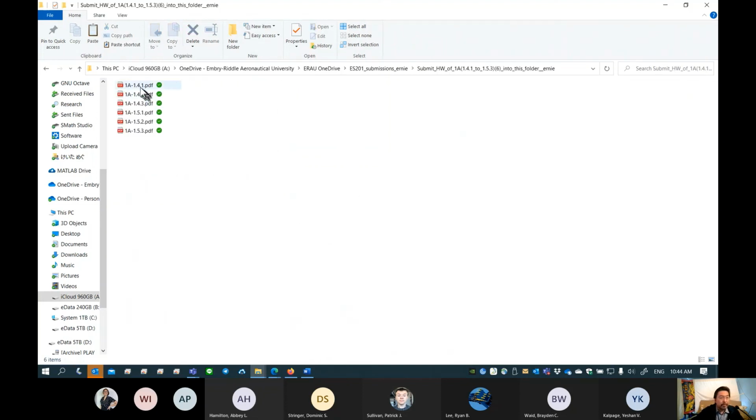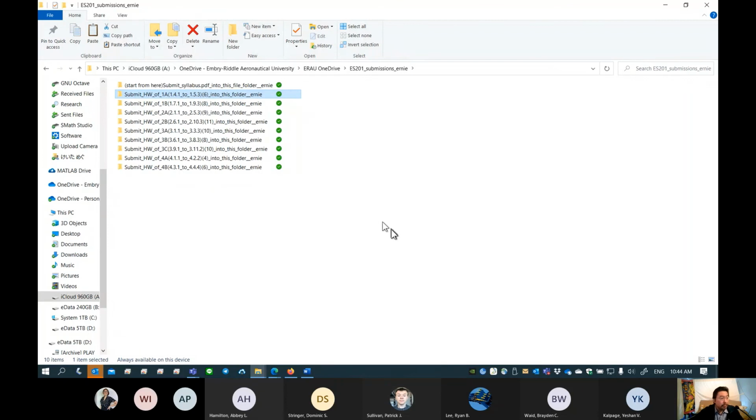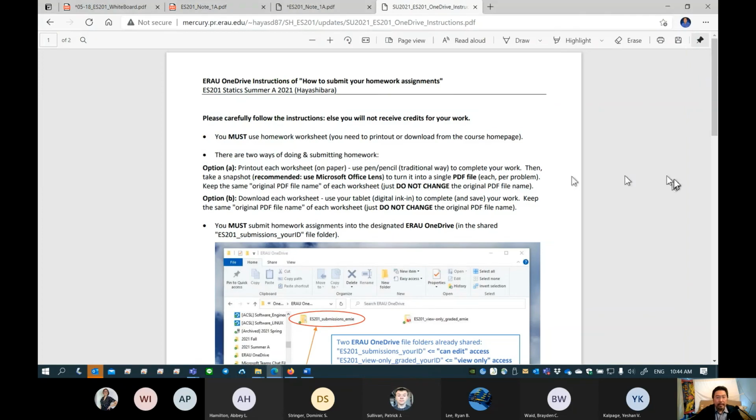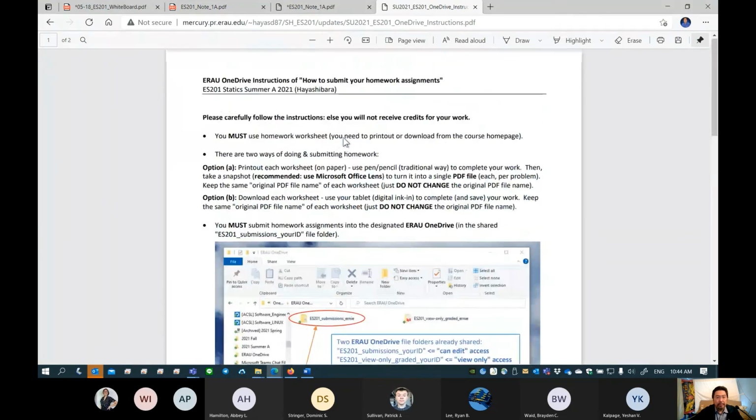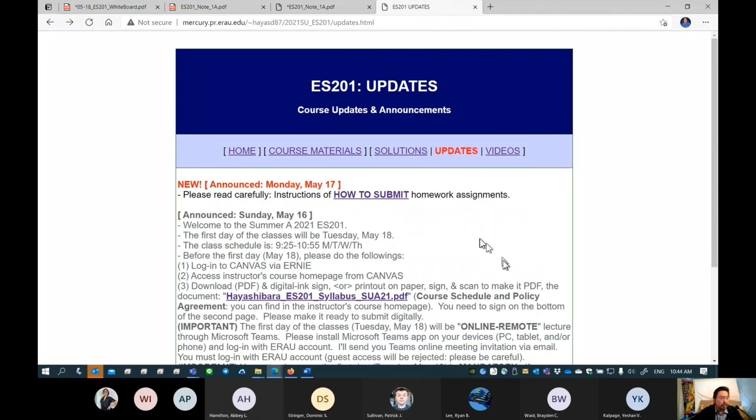If you want to replace it with a new one before the due date and time, you can do it. If you use your device, of course, you're going to download the PDF and save it with the same file name, and then place it in here. All right. So please read through these how-to instructions on how to submit your homework assignment to Embry-Riddle OneDrive. Any other question?